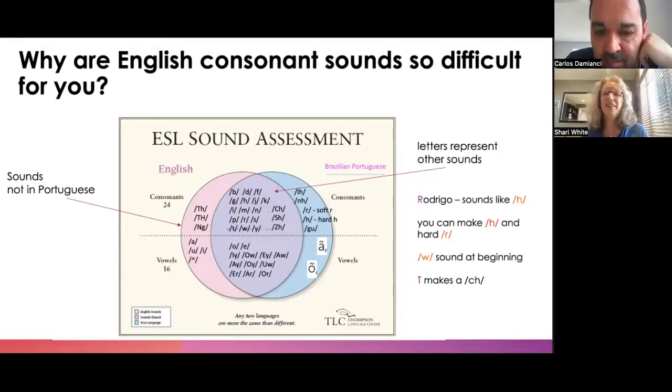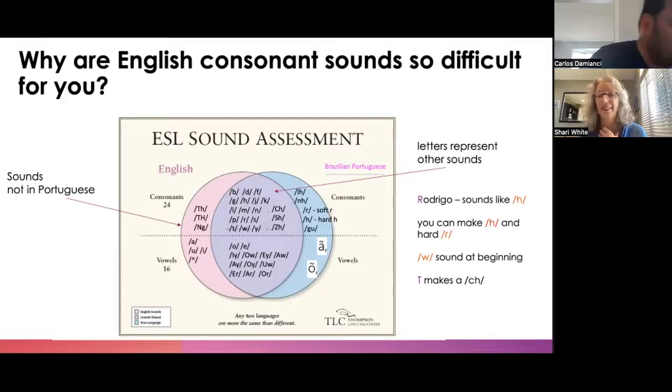Sometimes when you see the letter W at the beginning, you don't pronounce the w sound. That's difficult because you don't really have a W at the beginning of words. Is that right? Do you have a w at the beginning of words in Portuguese? No, you don't. So sometimes this also sounds like an H. The other day I heard somebody say the word WAS, which I call was, and she said huz, and I was like, what? So that's another problem.